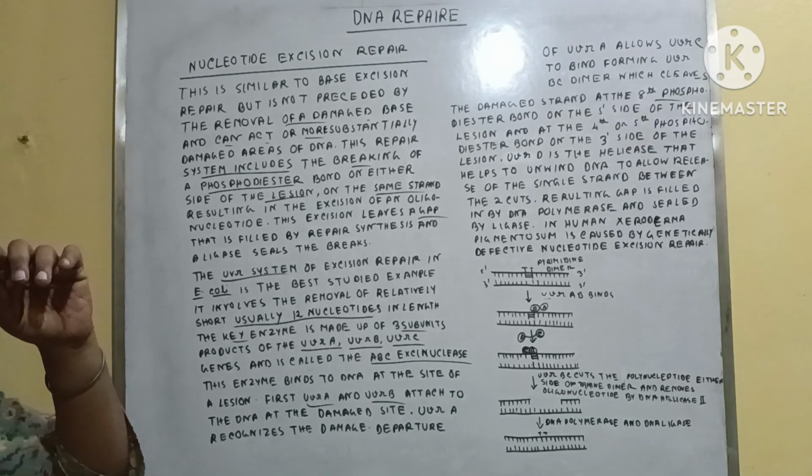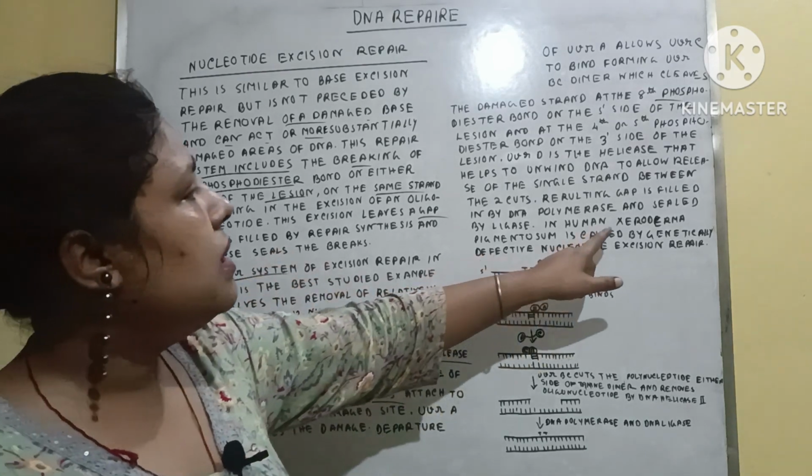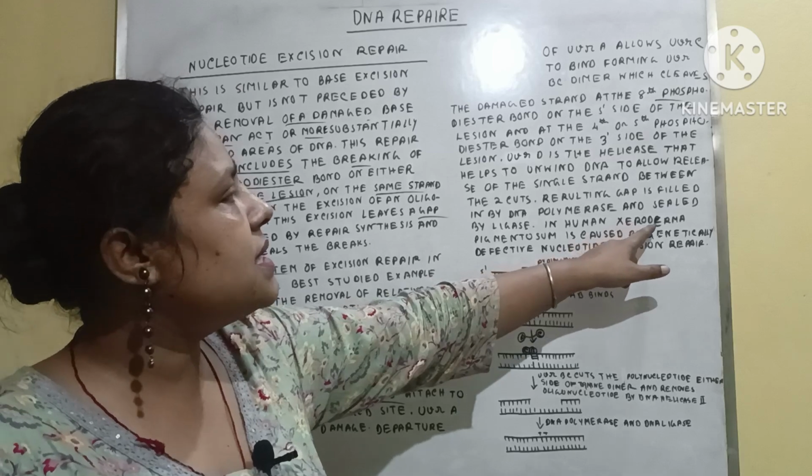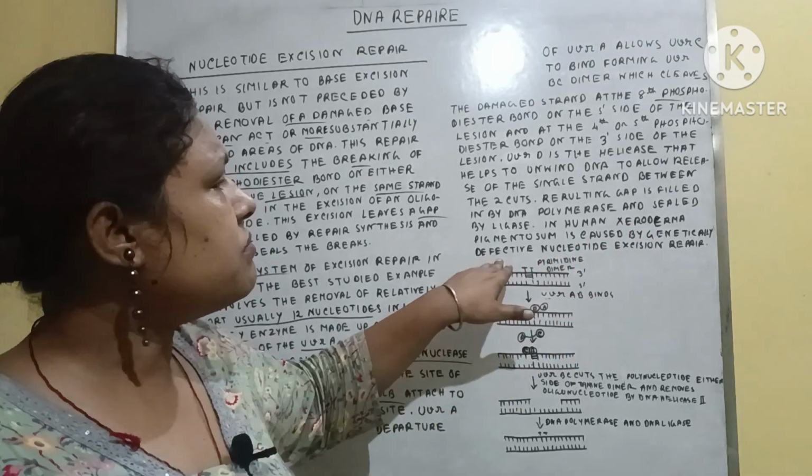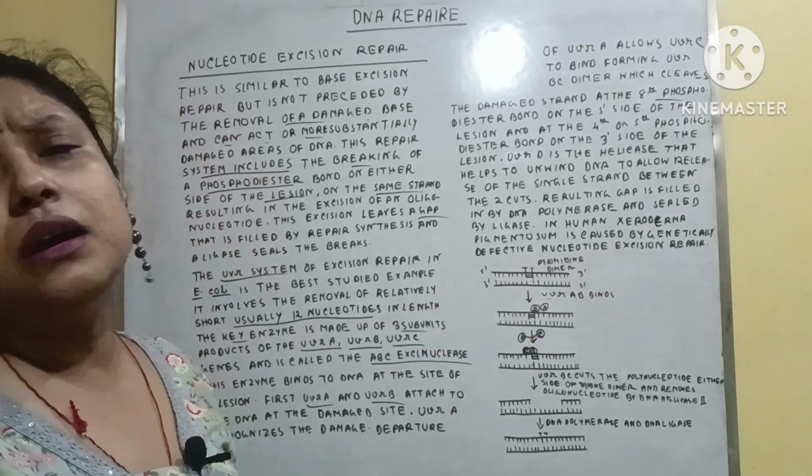And in humans, one important example is xeroderma pigmentosum. This is caused by a defect in this type of excision repair.